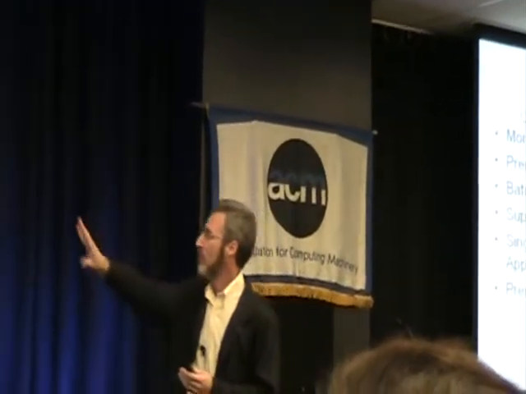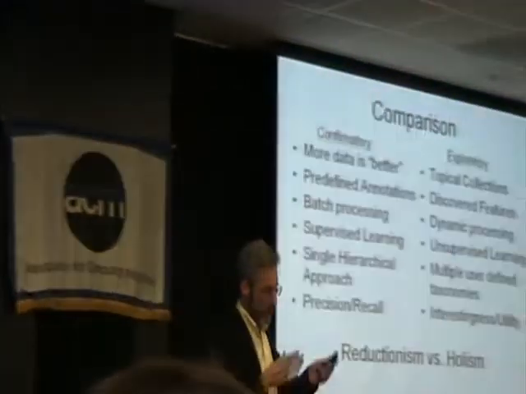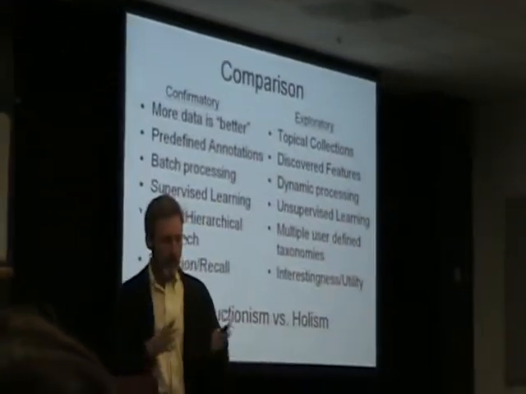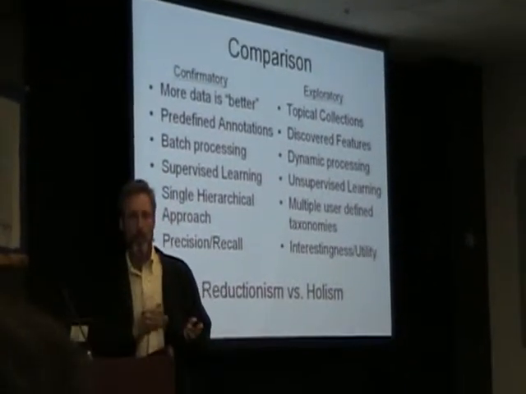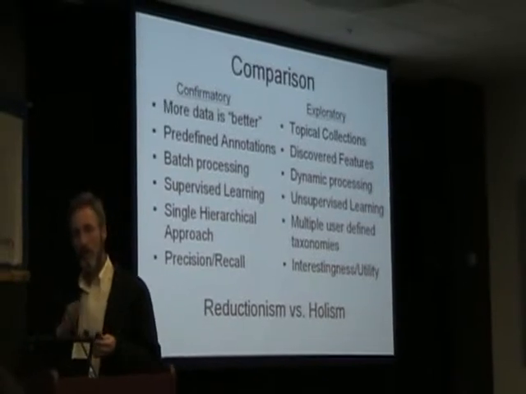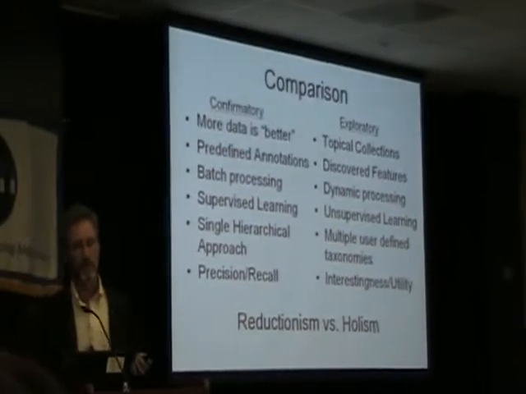Another way to think about this kind of duality is reductionism versus holism. Reductionism is the idea that I can take the universe, break it into nice pieces, each of those pieces I can break down further, and eventually I get to points where everything is a very straightforward equation that I can solve.